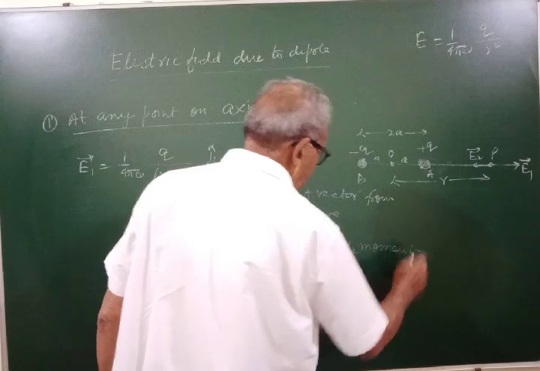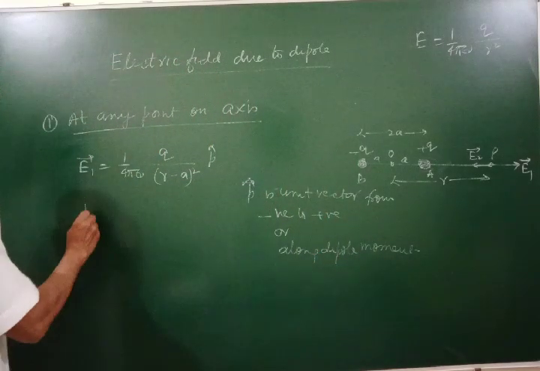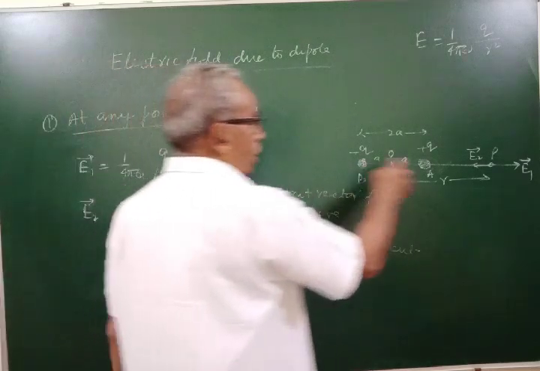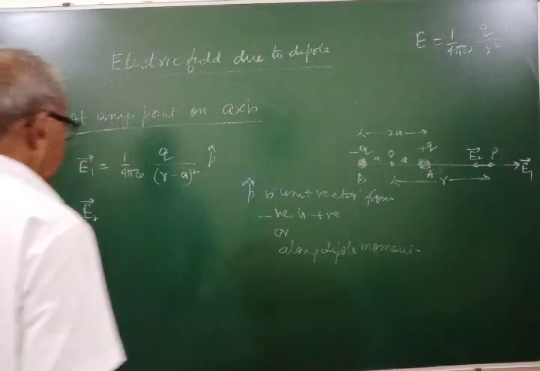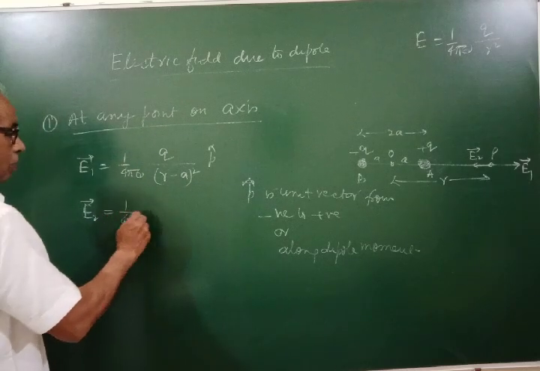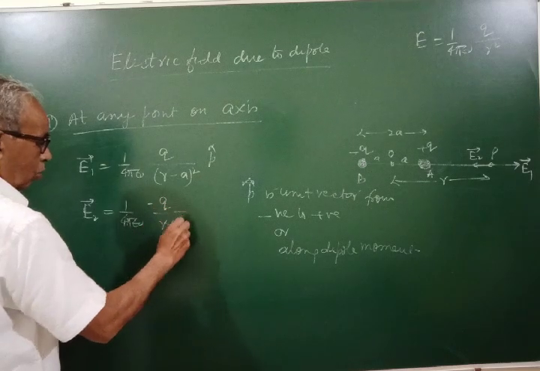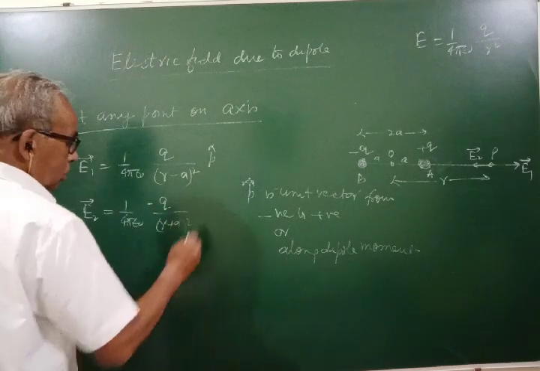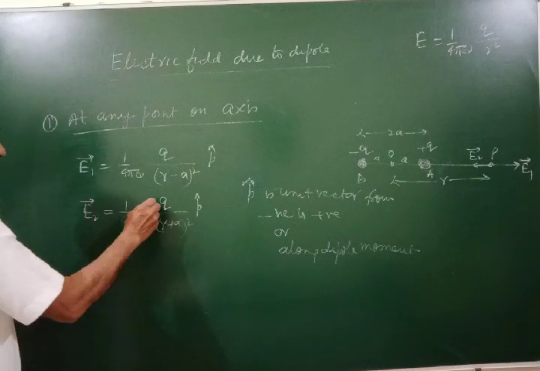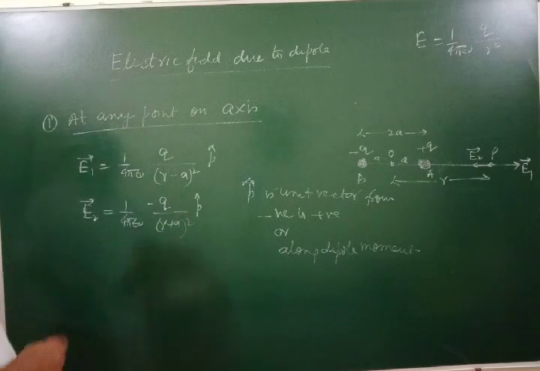And E2, the field due to minus q charge at P, will be again 1 upon 4 pi epsilon 0 minus q upon (r plus a) whole square, along p cap. The minus sign indicates it is opposite to p cap.